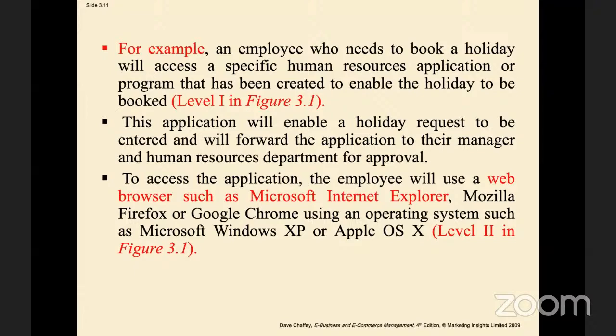Number three, to access the application, the employee will use a web browser such as Microsoft Internet Explorer, Mozilla Firefox, or Google Chrome using an operating system such as Microsoft Windows XP or Apple operating system X. Level 2 in figure 3.1, which is the software interaction layer.